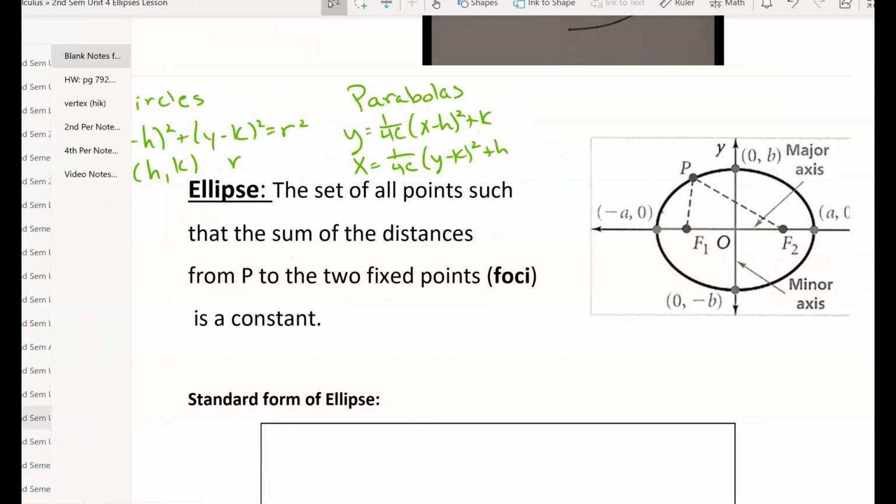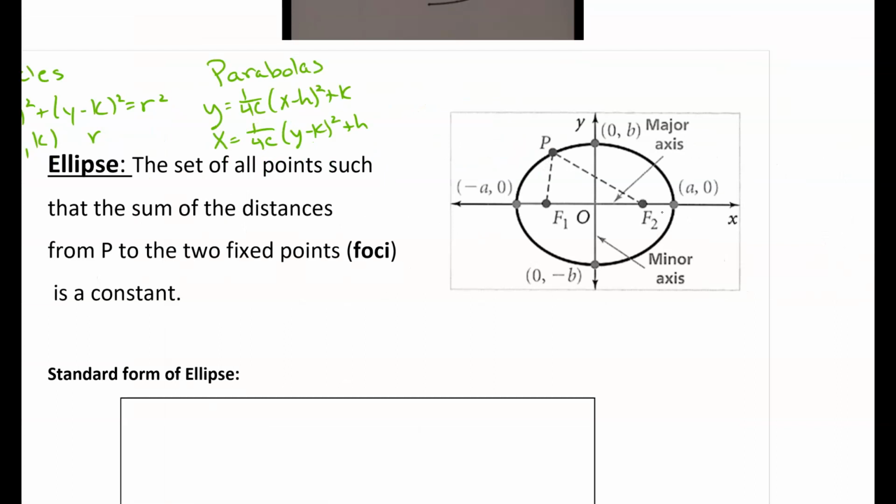And the cool thing is with an ellipse, it's like that oval. So it's not a circle, but it's not like a parabola. There's some really cool things. Now, the definition of an ellipse is the following. It's the set of all points P such that the sum of the distances from P to two fixed points, the foci, is constant.